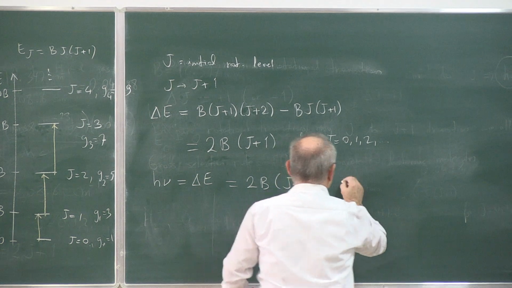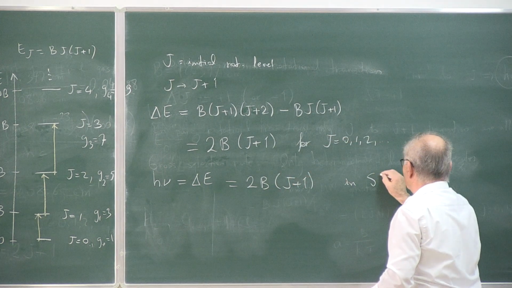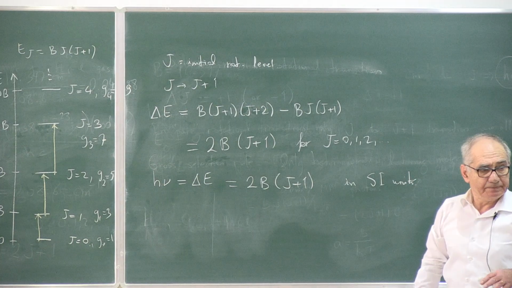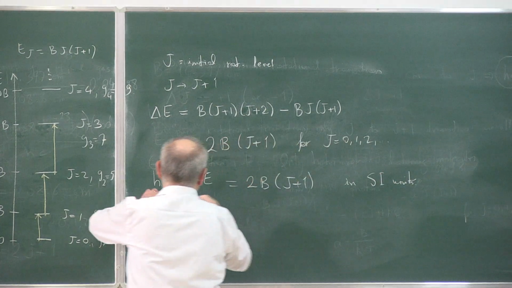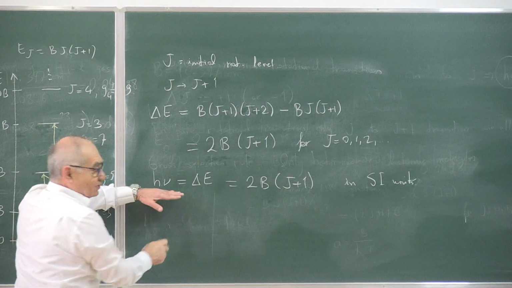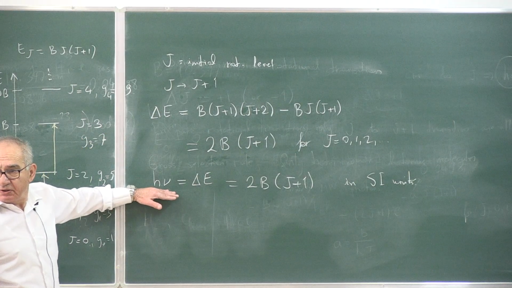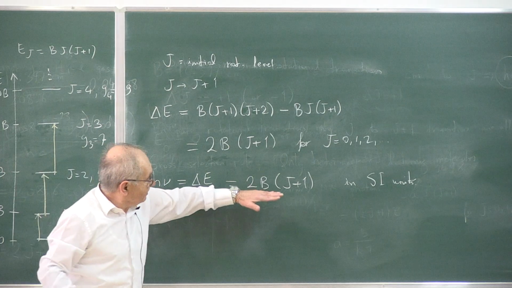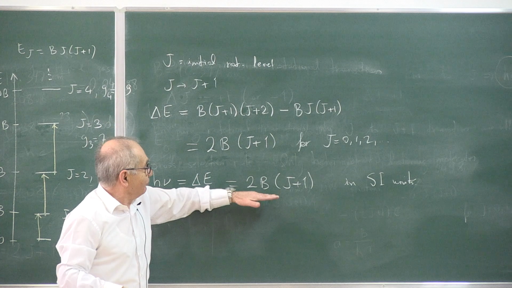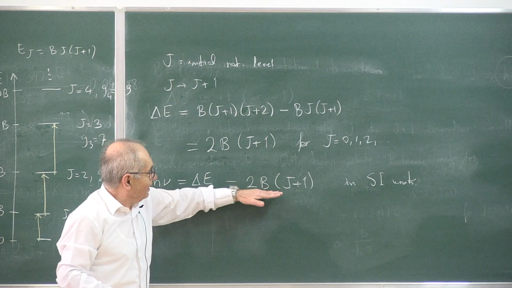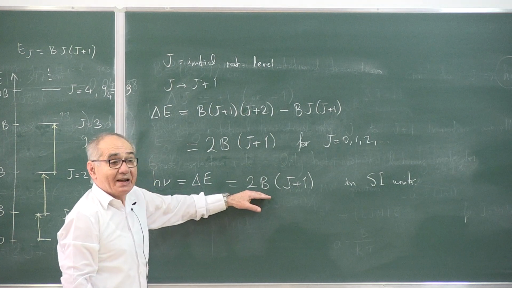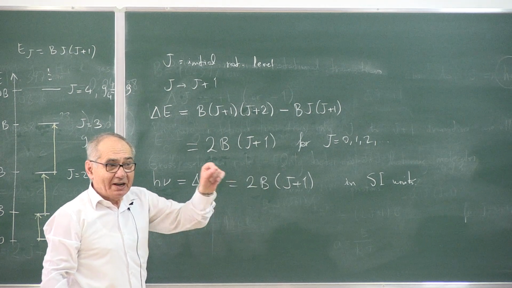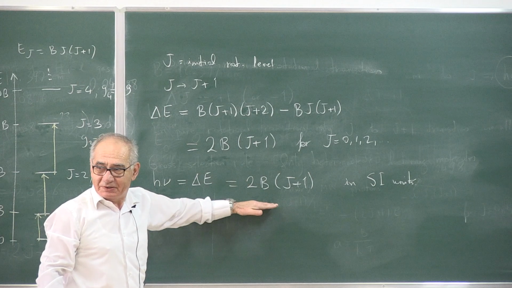This is in SI units. All right? So, Planck's constant times frequency, the left side, is in SI units. So it must be, of course, such that the right side must also be in SI units. The only quantity that has a unit here is B. B must have joule units to use this.